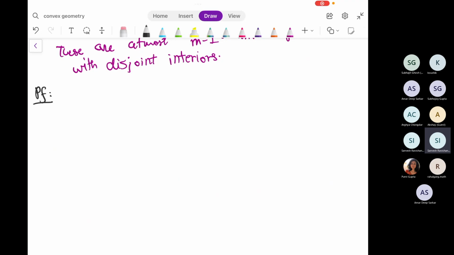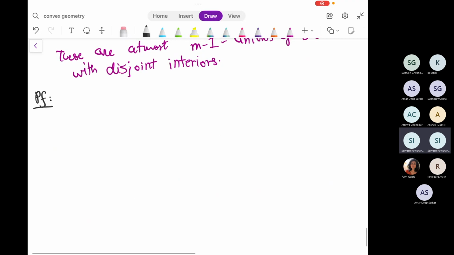Let's see how. Well, in this case, we have X as this almost disjoint union of M1 of these SCPs, right? So we consider the first two of these SCPs, and let's just explicitly label them.